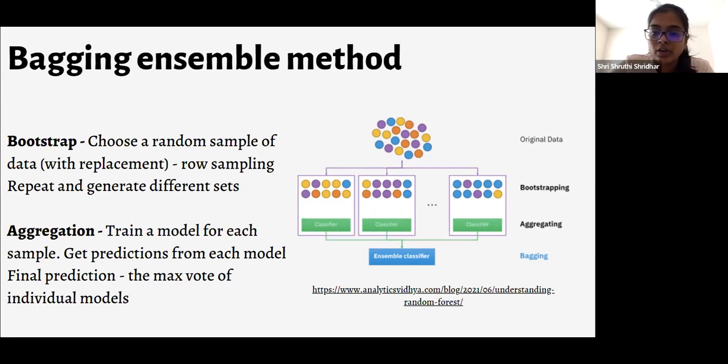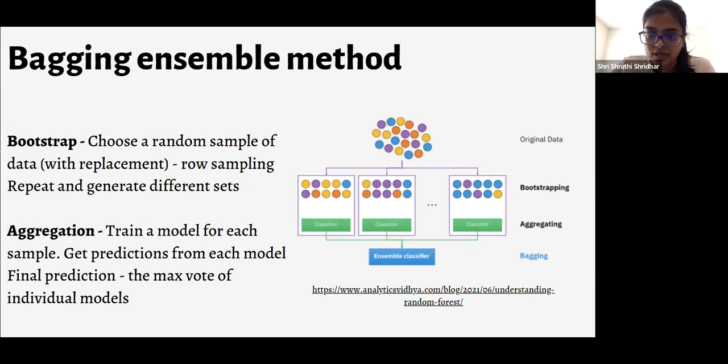As you can see on the right side, we have the original data, and the colored points represent how these different points are taken. We have a similar sample size of 10, but how many times each data point is taken differs across each of those individual models.